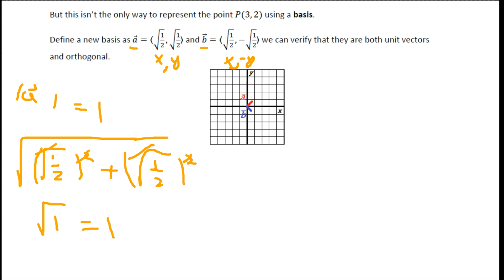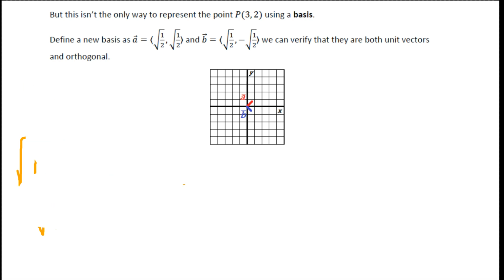And so you can easily verify that if we have y = x and y = -x, these are going to be two perpendicular lines, which would also be orthogonal. So we have that a hat and b hat are both unit vectors that are orthogonal to each other.